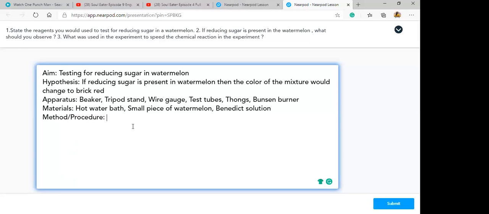This is what you do, right, sir? As in, you put the watermelon in the test tube.